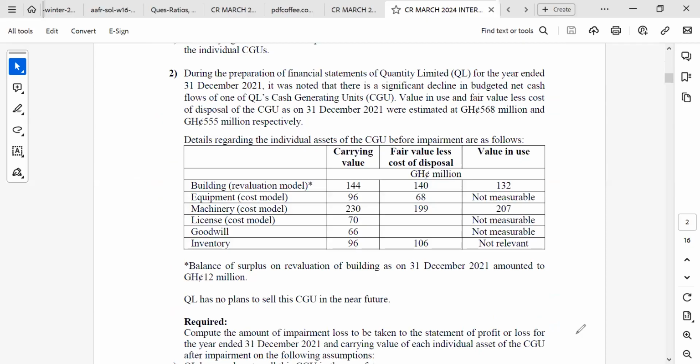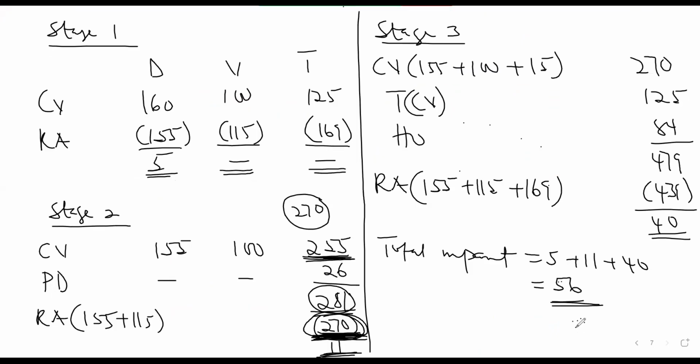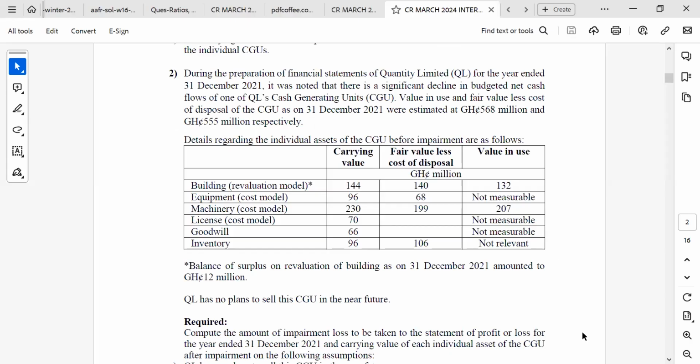The stage 2, the B. Okay, that's okay. So I would like to solve the 2, but the 2 is not anything.